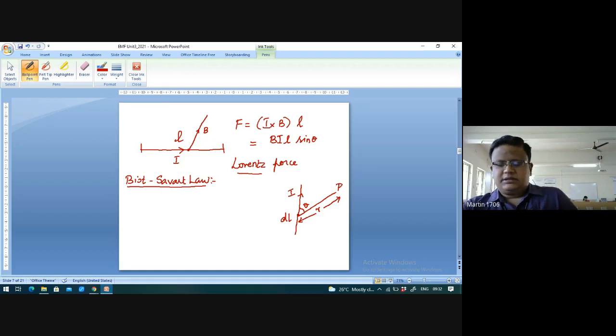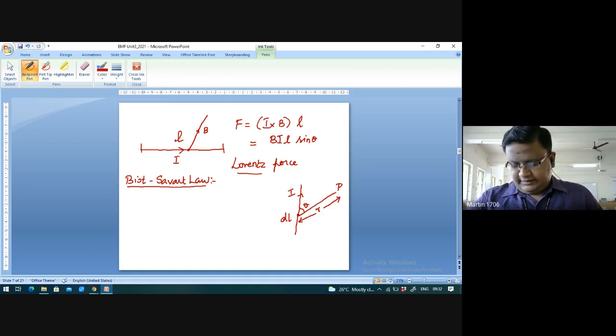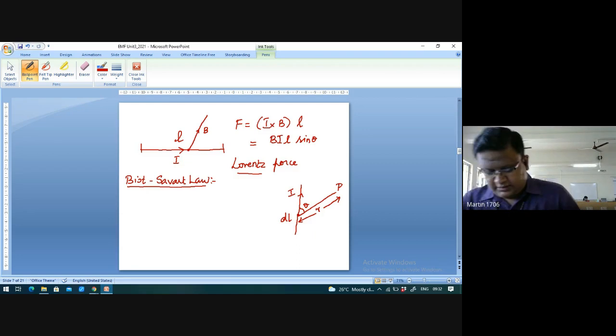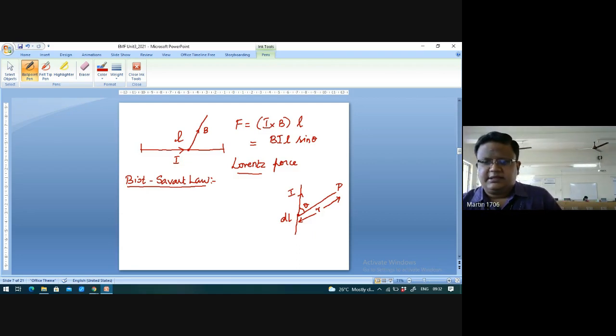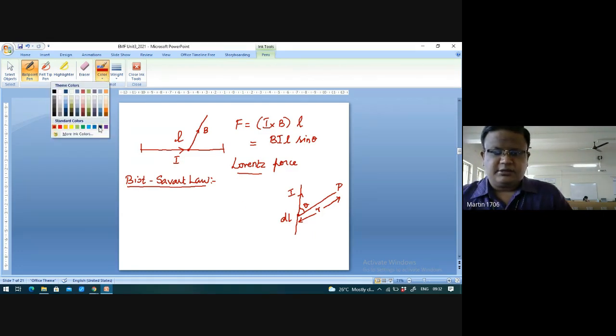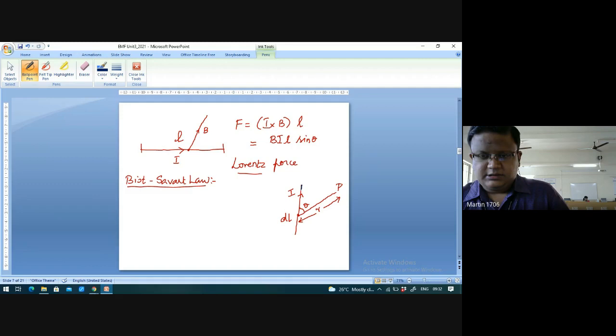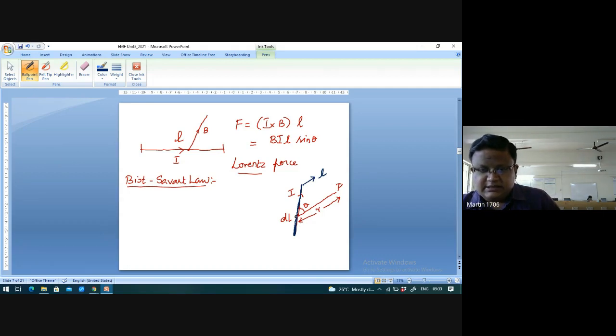Actually, we are dealing with the current element, that is, the magnetic field due to a differential current element. I will differentiate in a different color. This is your current element, a normal wire of length L, but I am considering dL as a small part of the length.